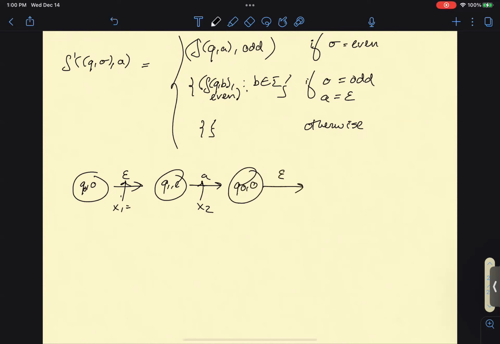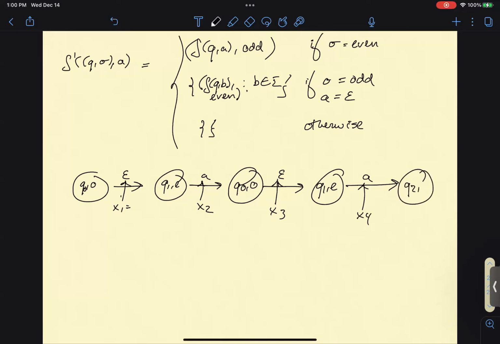So again, I simulate epsilon. I simulate what I would have read had it been the actual string. Then I go to Q1 again, even. Then let's say I read an A. So this is the fourth, and let's say the final letter. I go to Q2 this time.